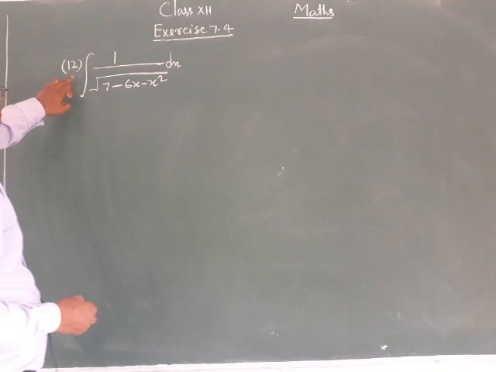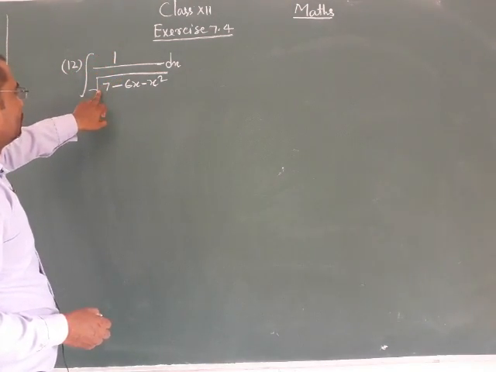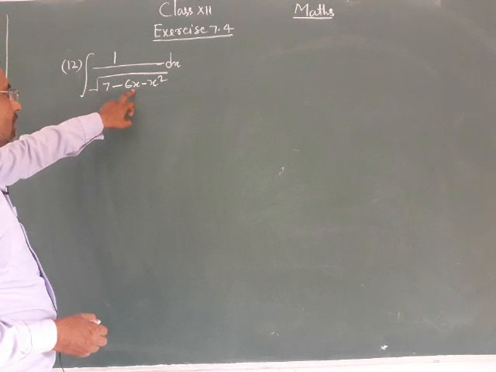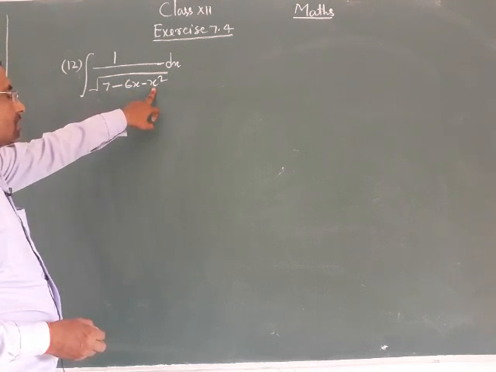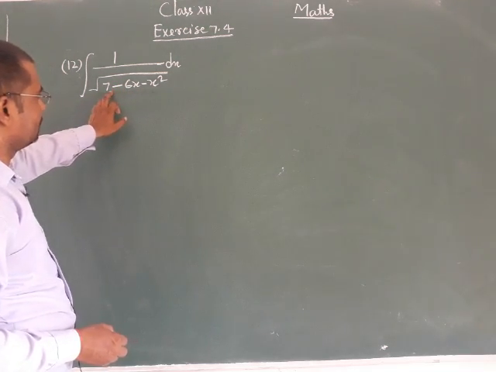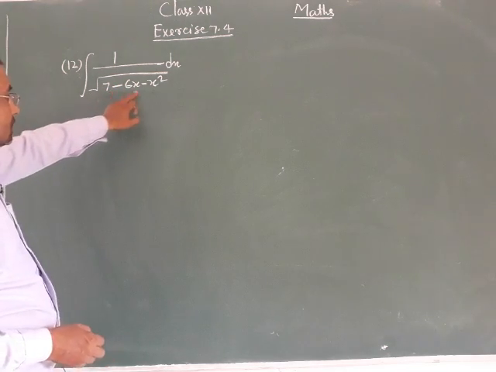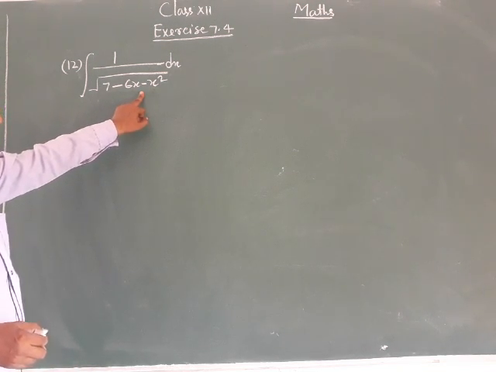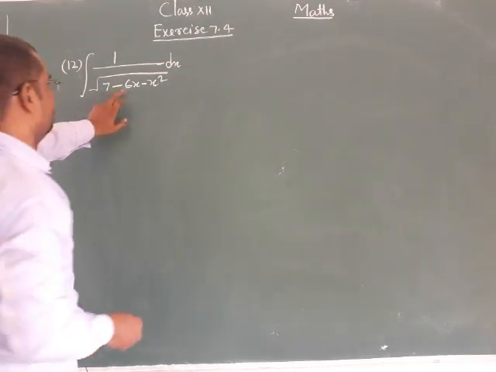Question number 12, integral of 1 upon root 7 minus 6x minus x square dx. Since this is a polynomial, we use the completing square method.